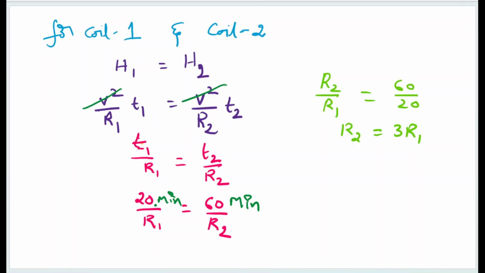Taking R2 to this side, R2 by R1 is equal to 60 by 20, which is 3. Cross multiplying, we get R2 is equal to 3R1.